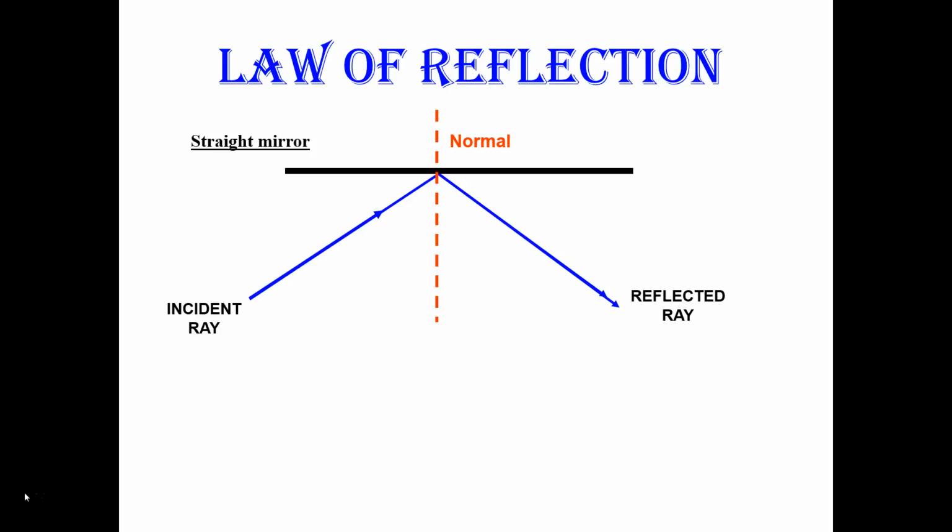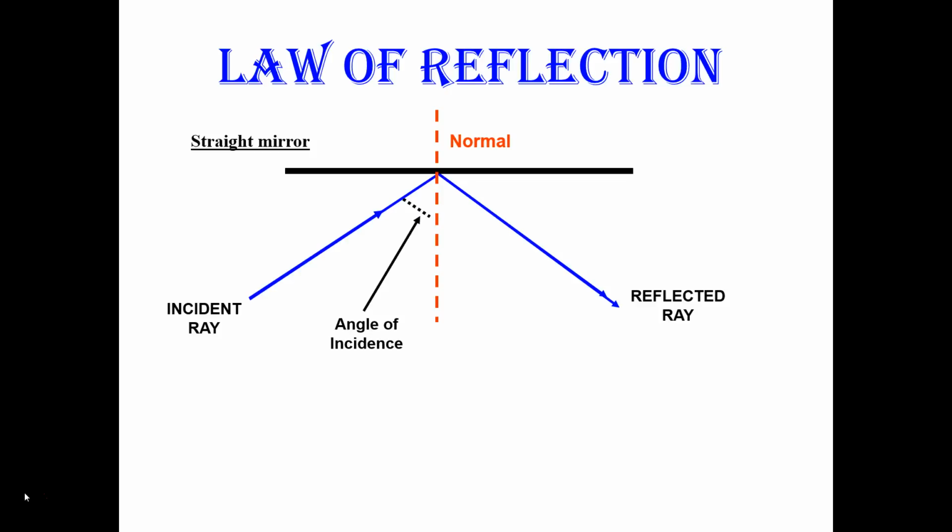The reflected ray is the actual light ray that we see bouncing off the face of the mirror. Okay, so the incident ray is the ray that strikes the mirror. The normal is any imaginary line that runs 90 degrees to the mirror. And the reflected ray is the light ray that we see bouncing back off the mirror.